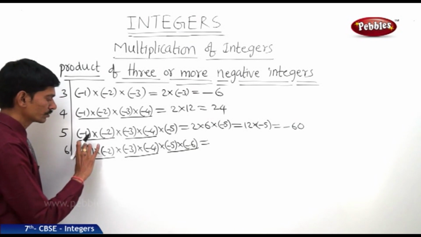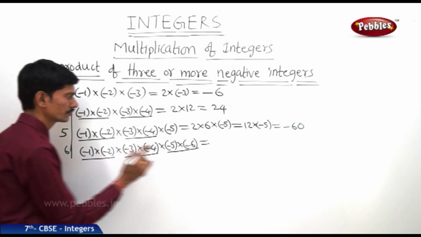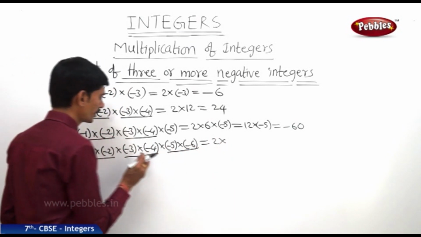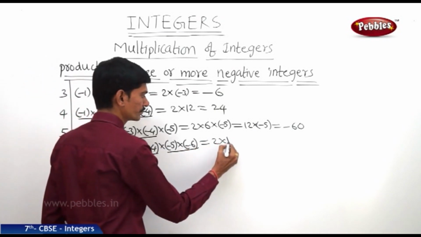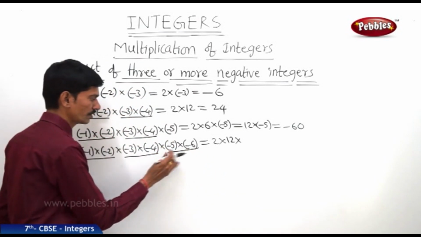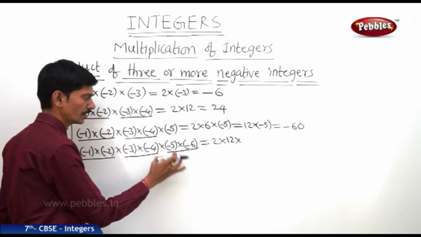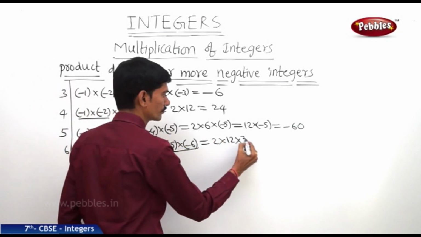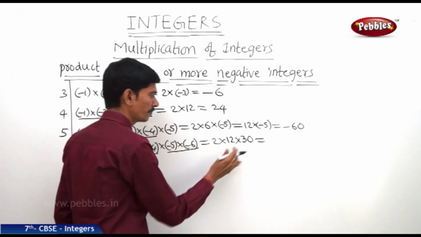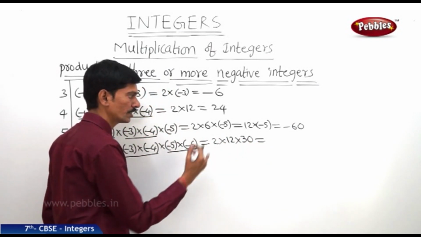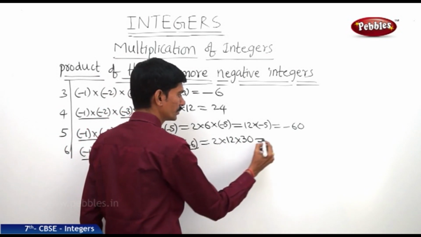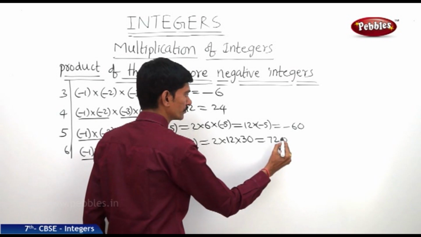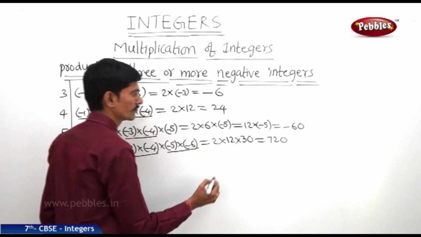When you multiply two negative integers, the product is positive: 1 2s are 2, 3 4s are 12, and 5 6s are 30. When you multiply all the positive integers, again you get a positive integer. So 12 2s are 24, 24 3s are 72, and 72 10s are 720.